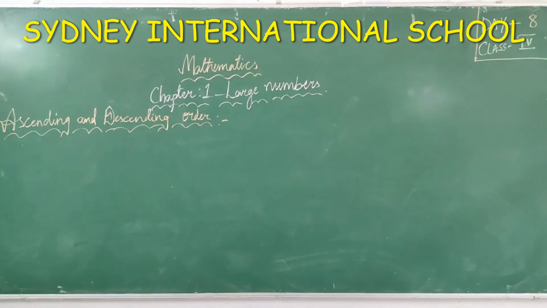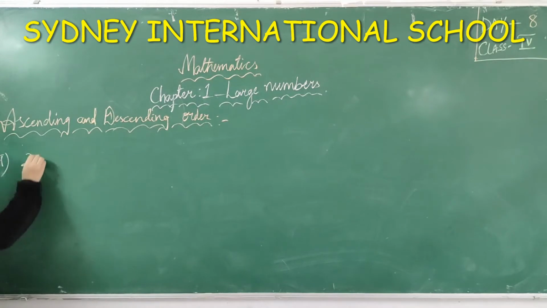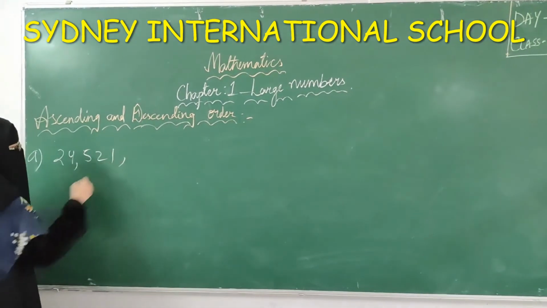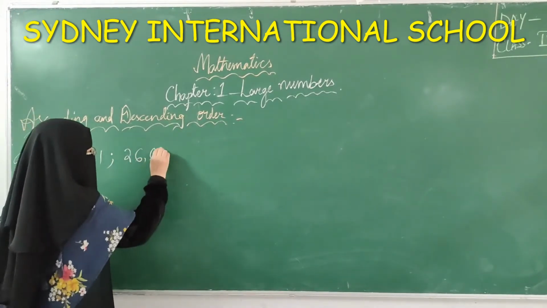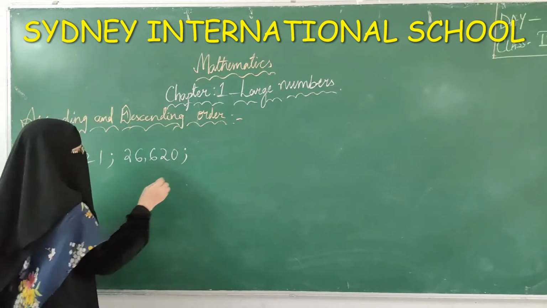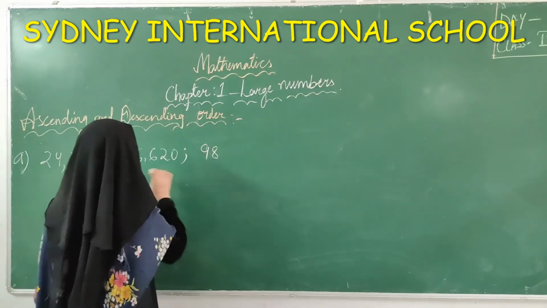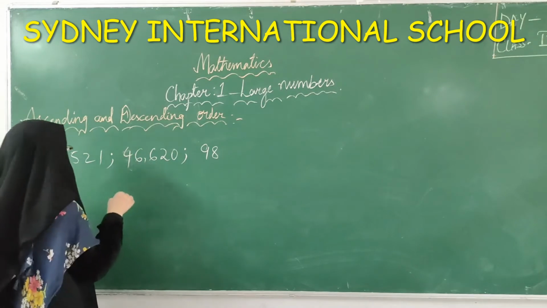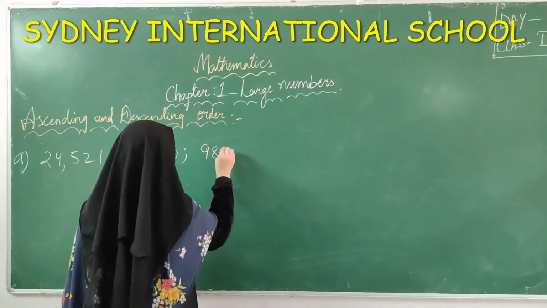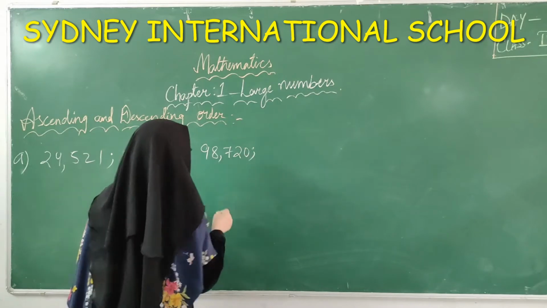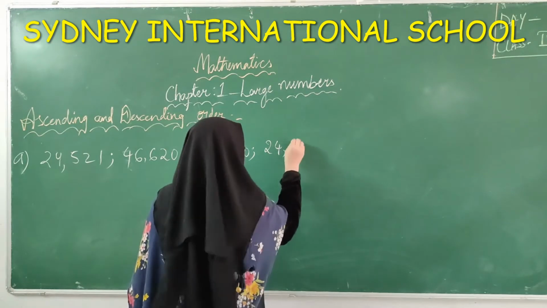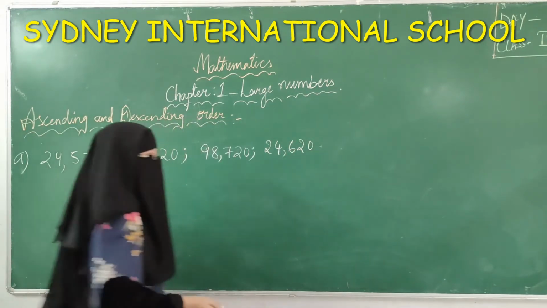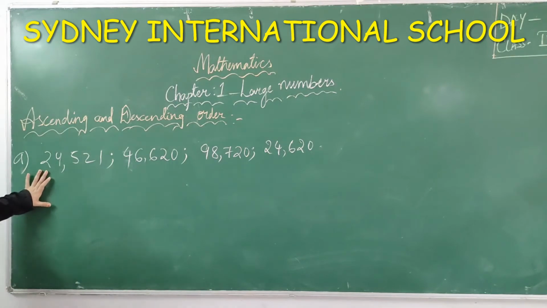One example, arrange the following numbers in ascending and descending order. See, and I'll take one more number, that is... See, I have taken how many digit numbers? 5-digit numbers.